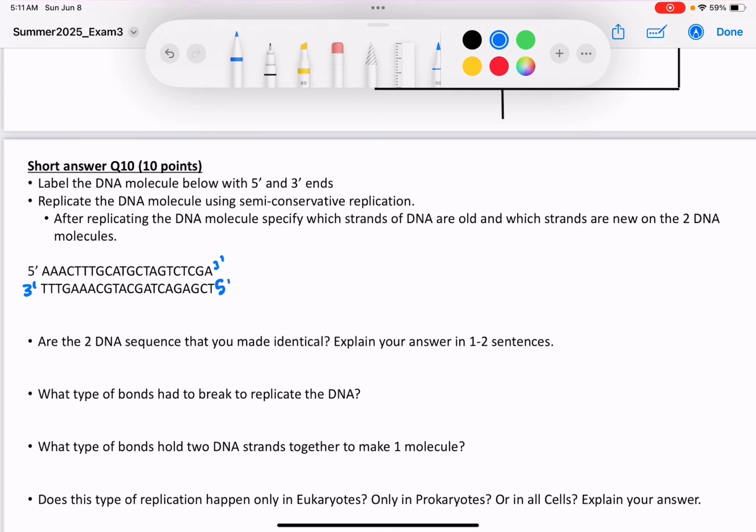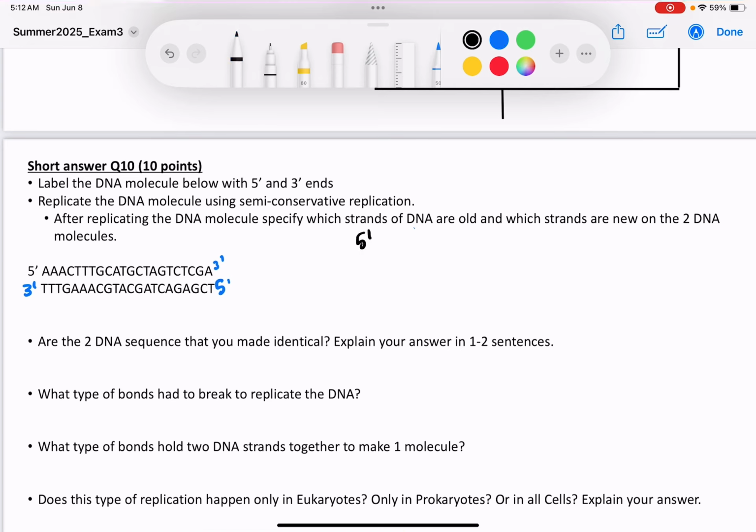And then replicate the DNA, and most of you could do this too. So you did 5', A, C, and some of you even did this, which I thought was great, where you just took this and copied it. I don't know how you did that. Okay, I'm just going to write it out.